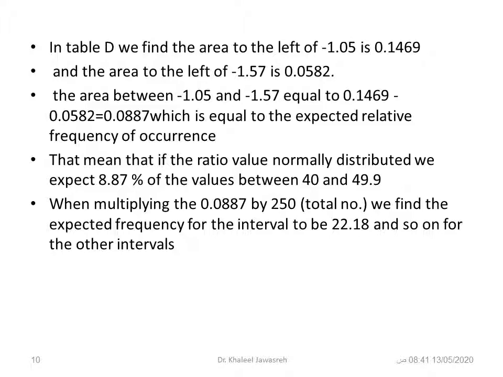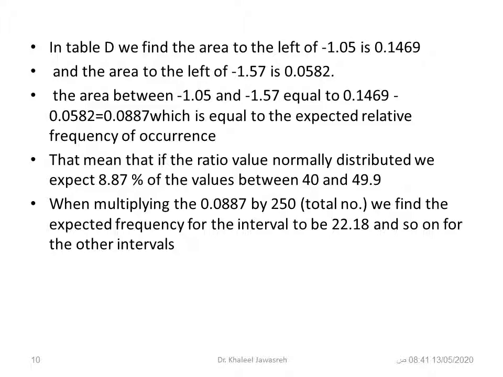So when multiplying this value 0.0887 by 250, where 250 is the total number of hospitals, we find the expected frequency for the interval to be 22.18, and so on for the other intervals.